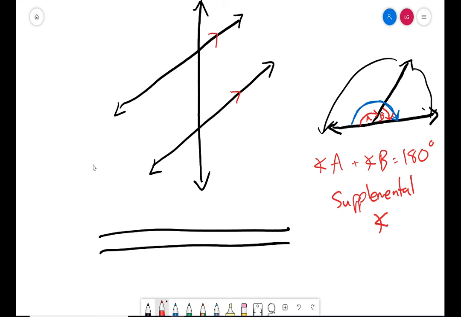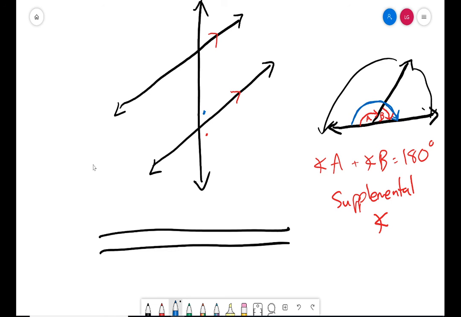So supplemental angles. Well, this angle here, which I'll mark with a dot, is supplemental to this angle. Can you see it? We have this more vertical line, the transversal, cutting down the middle.